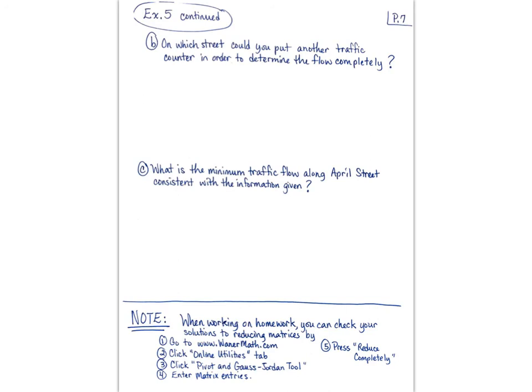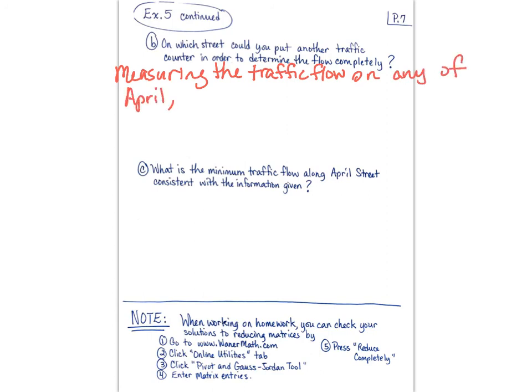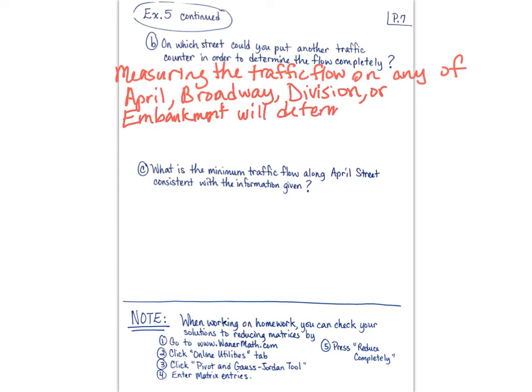Okay, so the answer here is measuring the traffic flow on any of April, Broadway, Division, or Embankment will determine the answer.